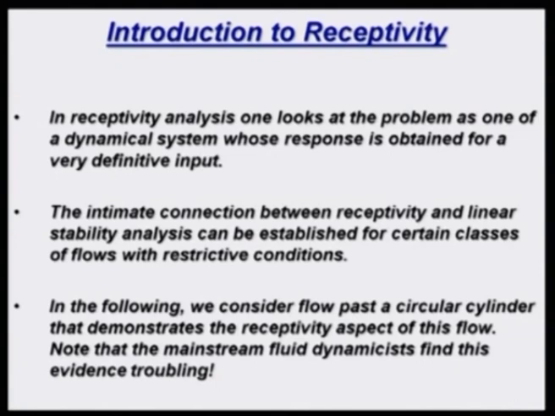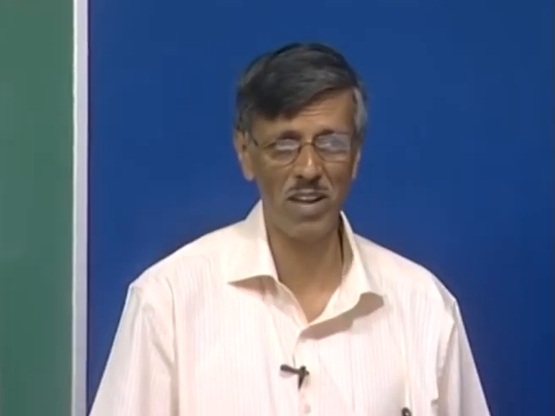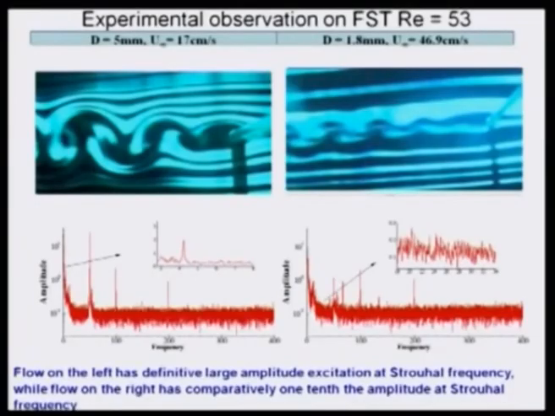And that is what I say, that many fluid dynamicists would find this result troubling, because we keep teaching you in the basic fluid mechanics course that if the similarity parameter, the Reynolds number, is kept the same, flow should behave the same, and here is an example where flow does not remain the same. In both cases, the Reynolds number is kept at 53, R equal to 53.